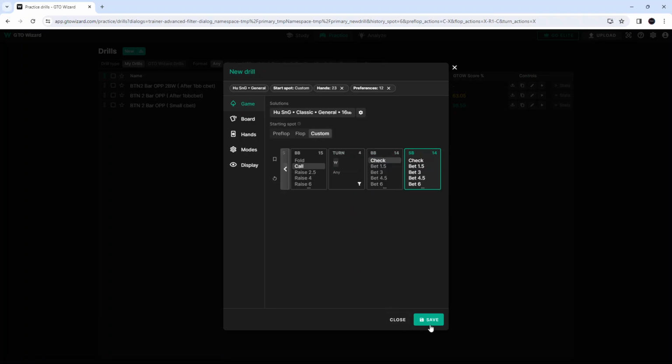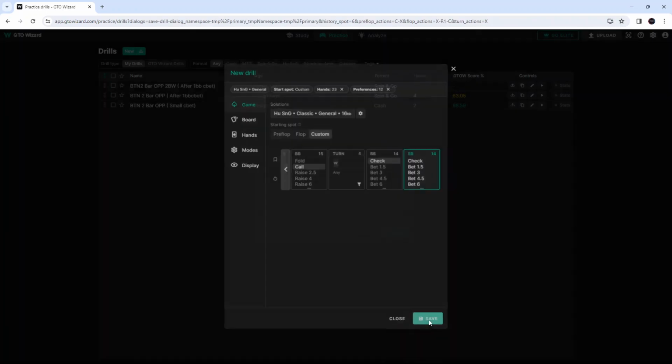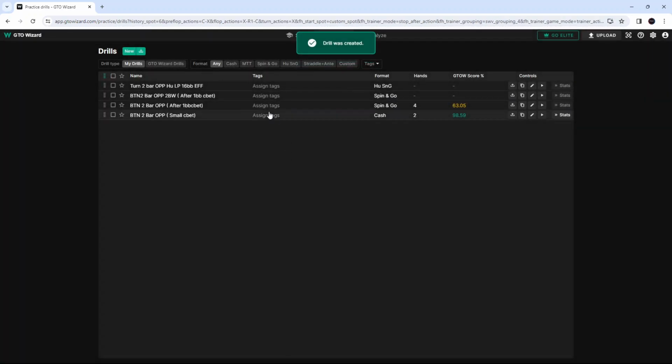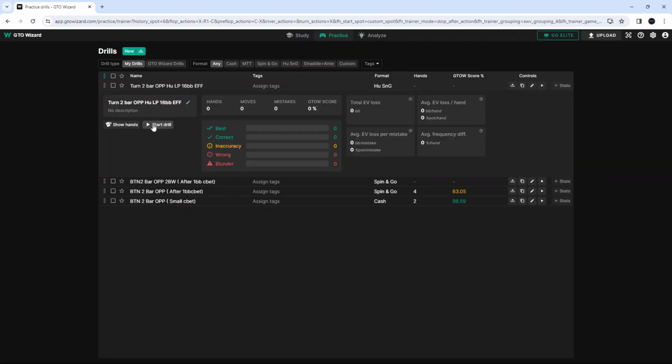Okay, we can do this, and we can call it turn 2 barrel opportunity, heads up, limp pot, 16B effective, right? Something like this. Okay, and we've got our spot here, and we can now start our drill.